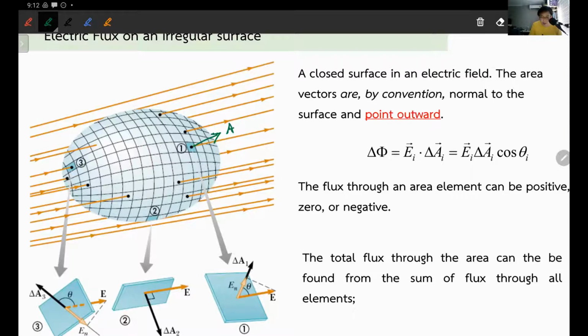That's my A. Let me call it A1 right here. Okay, with me, guys? Here we go. That is the area vector.